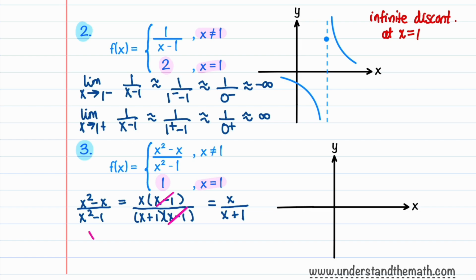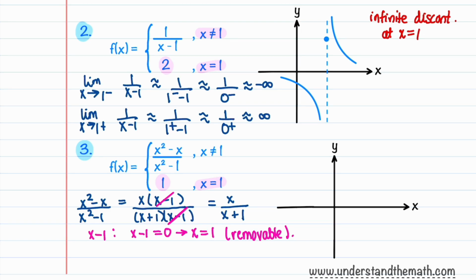Because we canceled out an x minus 1, what we can do is take x minus 1, set it equal to 0, and solve for x, and we get x is equal to 1. This means at x is equal to 1, we have what's called a removable discontinuity because we were able to remove that from our function.